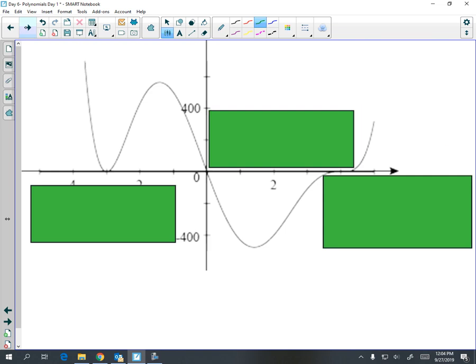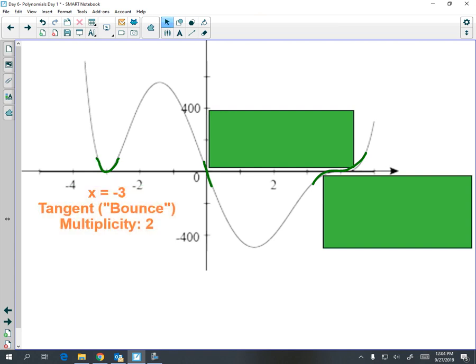Let's go on to the next one. Try to see if you can figure out all of the multiplicities for each x-intercept. We have a bouncer, a straight through, and a squiggle. The bouncer means it has a multiplicity of 2. That's going to be x plus 3 squared, because you take the opposite for the factor.